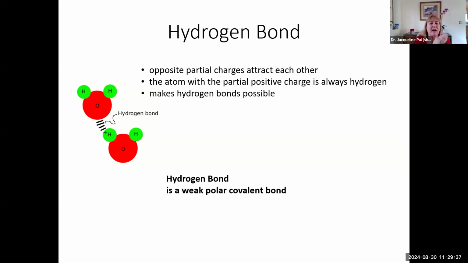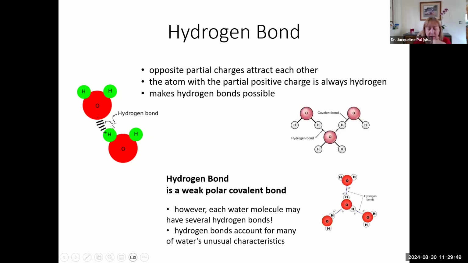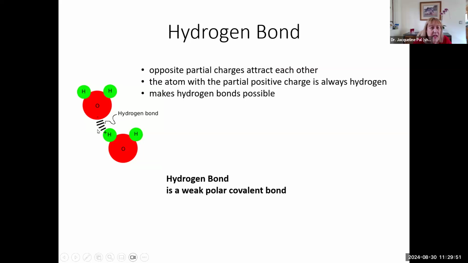Okay, so let's look at the hydrogen bonds. In hydrogen bonds, the opposite partial charges are going to attract each other, and the atom with the positive charge is always a hydrogen. And that's what's making the hydrogen bonds positive. So we have a truckload of hydrogen bonds everywhere in our body.